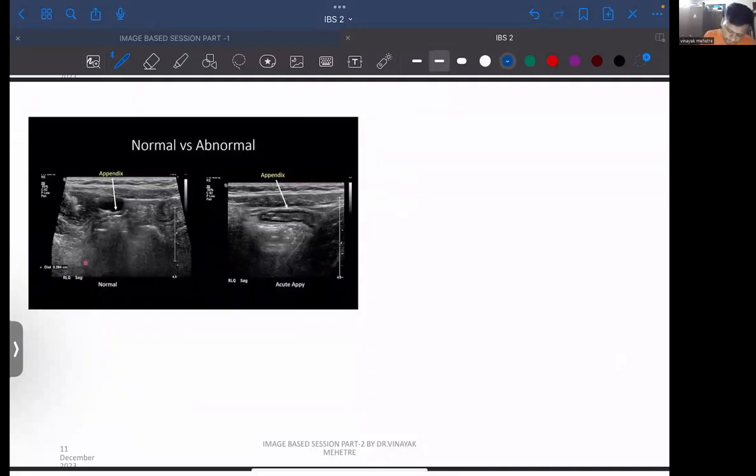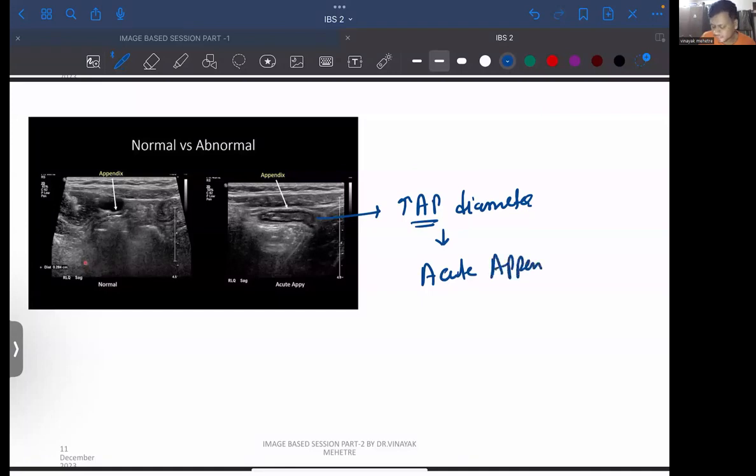See, normally appendix की थिकनेस नहीं बढ़ती. अपेंडिक्स की थिकनेस नहीं बड़ी होती, बट इफ देर इज इंक्रीज इन एपी डायमीटर, आंसर इज एक्यूट अपेंडिसाइटिस. इन्फ्लेमेशन का फीचर है, क्या फीचर होता है, एडेमा, है ना, स्वेलिंग, एडेमा होता है.